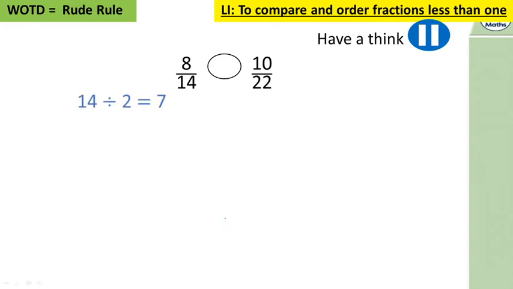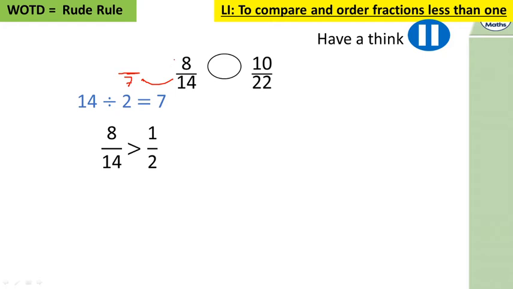Okay, let's have a look. 14 divided by 2 is 7. So 8/14 is bigger than half, so we divide that by 2, we're going to get 7.